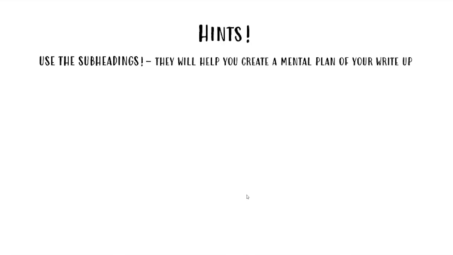So separate each section with a subheading. In fact, in my class, I don't mark the questions if they don't have the subheadings. It will help you create a mental plan for your write-up. And the more you practice this, you will be able to automatically create this plan in your head, and it'll make your write-up so much easier and more efficient in the future.